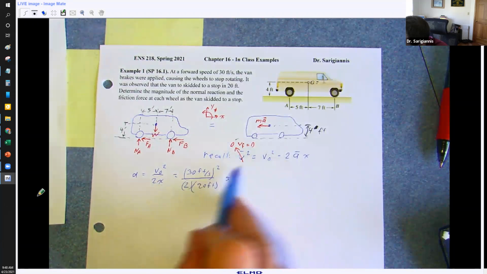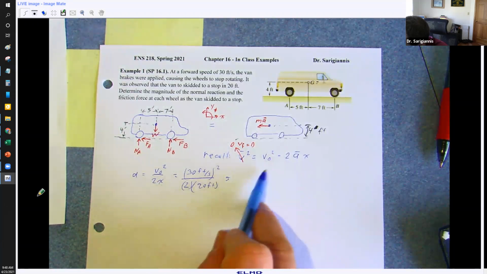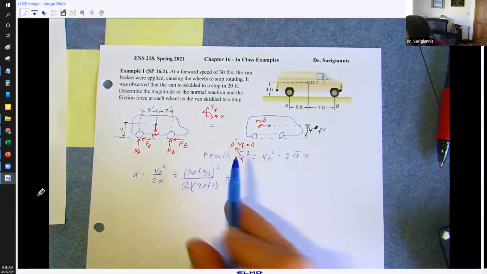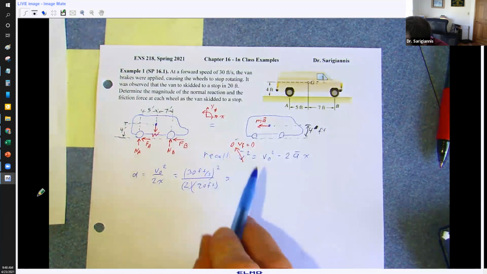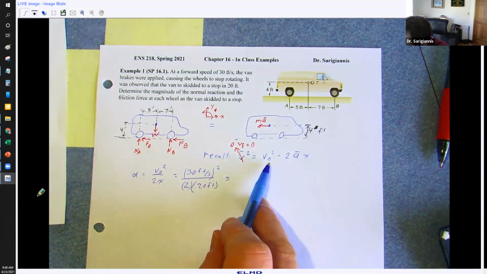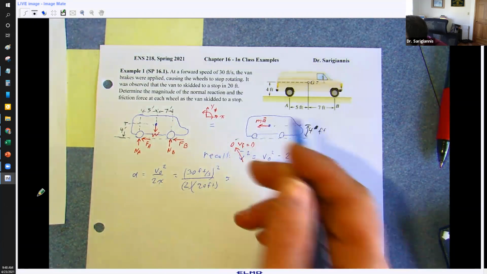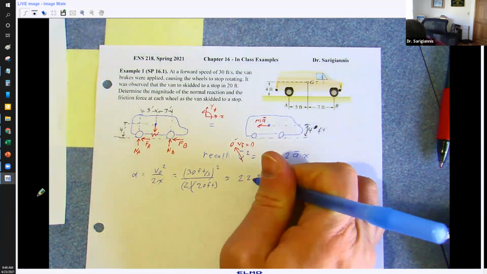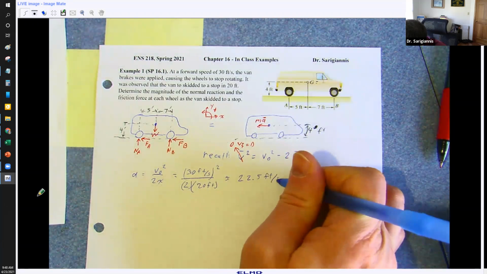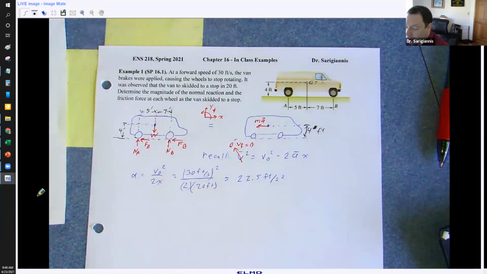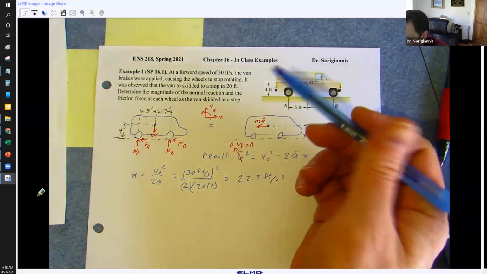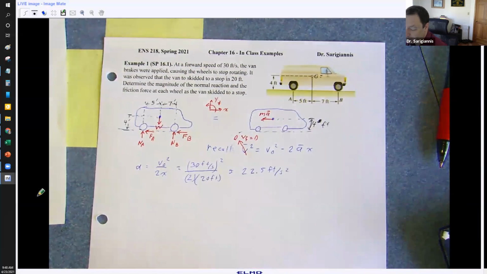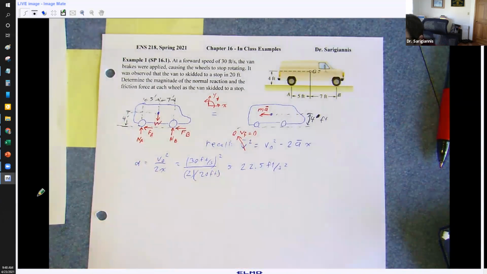Technically, v squared minus v naught squared over 2x. Yeah, so this is 22.5 feet per second squared. This is the acceleration. Now we know the acceleration is pointed backwards, right? And we'll account for that when we do our sum of the forces.